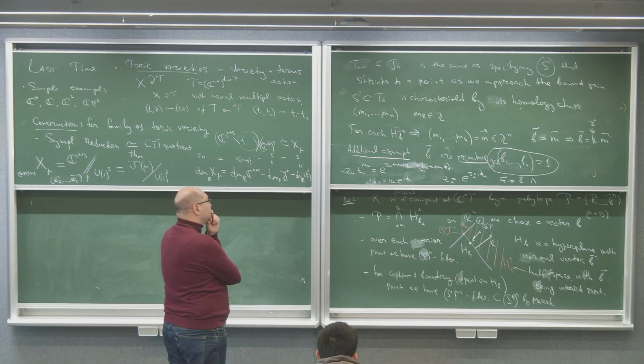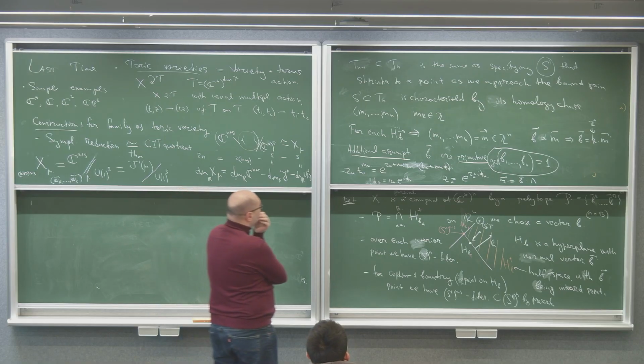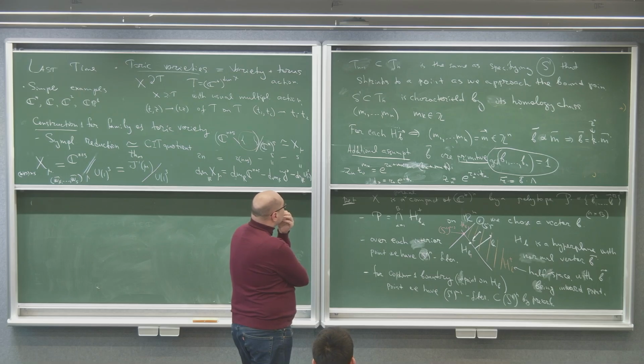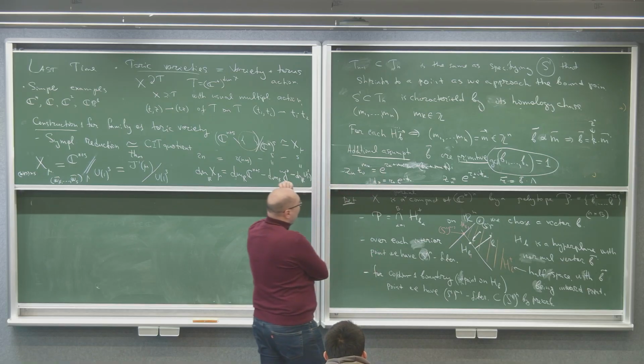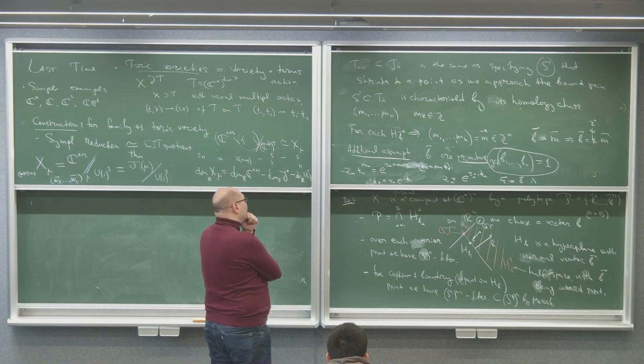Okay, so what do we have? These hyperplanes are all at infinity. So the shift in the direction of mk still preserves this hyperplane at infinity.